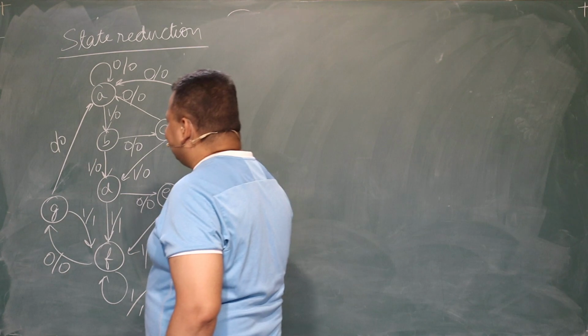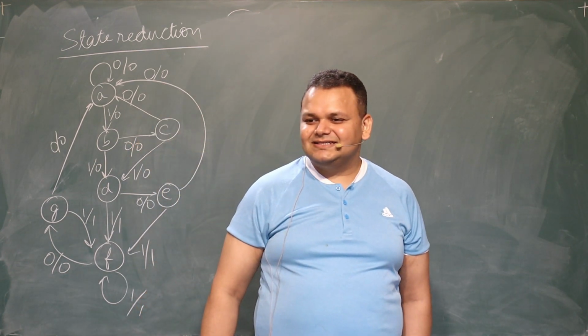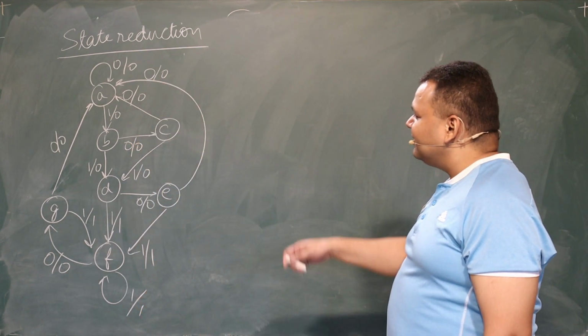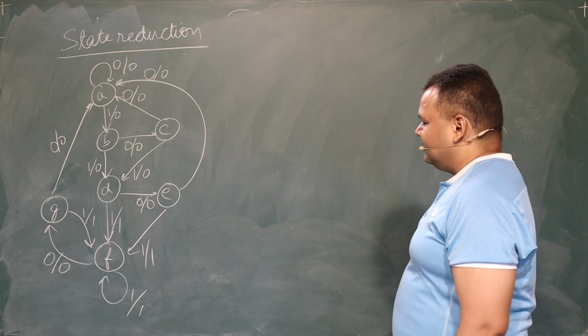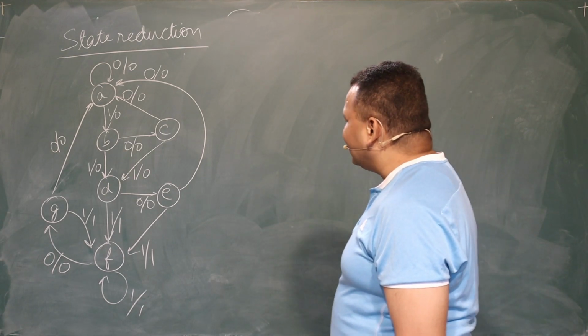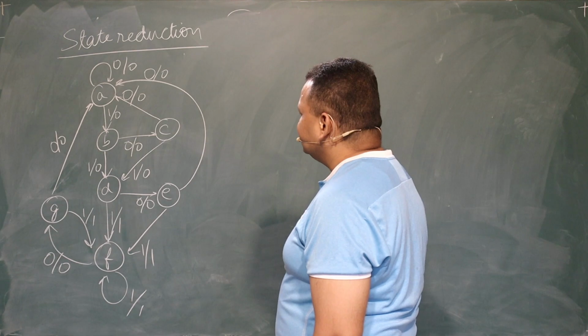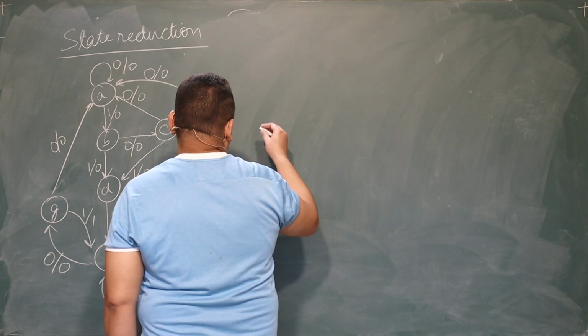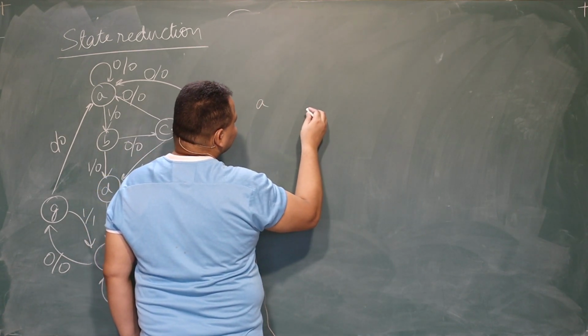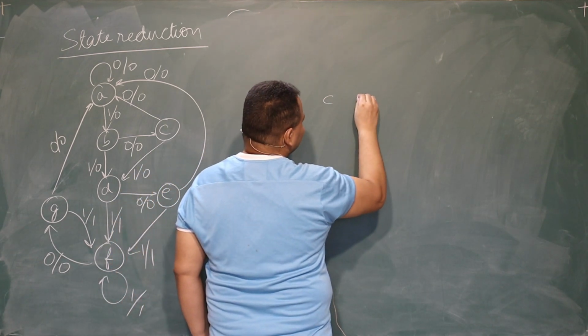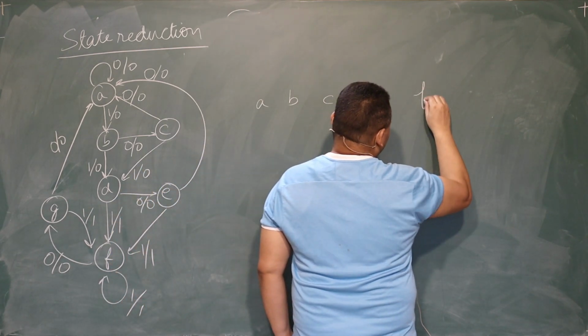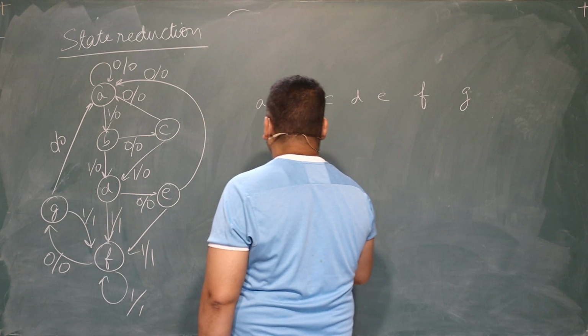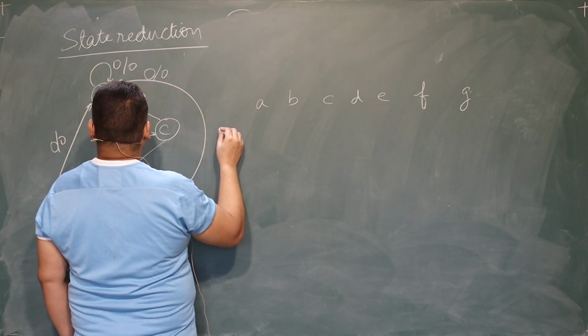So now let us see whether we can reduce the number of states in this machine in some manner. Let us start looking at each of these states. So A, B, C, D, E, F, and G. So input.